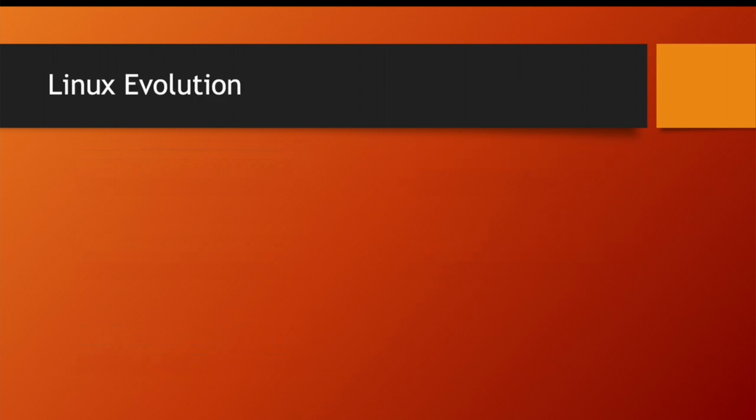Let's now discuss the Linux evolution. I will not go into the back history of it, but I will try to give you a brief understanding of the overall architecture so that you can relate to it in the upcoming videos. Back in the time, programmers wanted to build an operating system that is free of cost and that multiple users can access. So they came up with the Unix operating system.